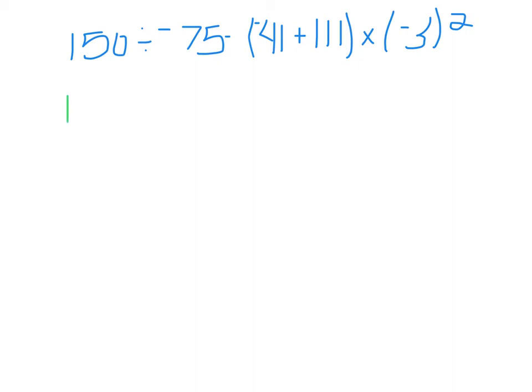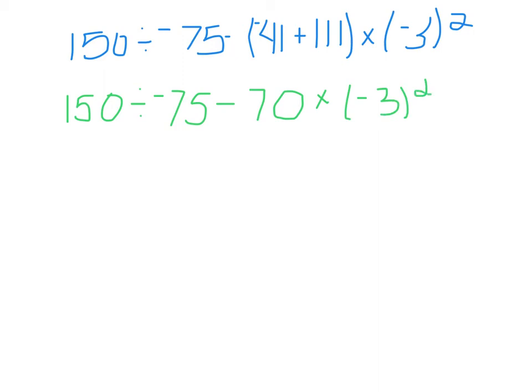So 150 divided by -75 minus, now I have -41 plus 111, that equals 70, times negative 3 squared.